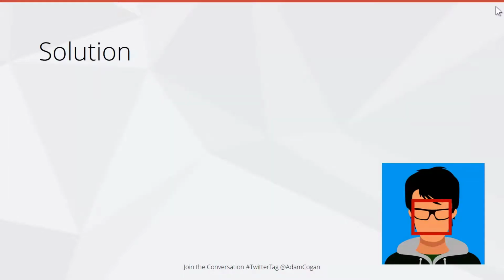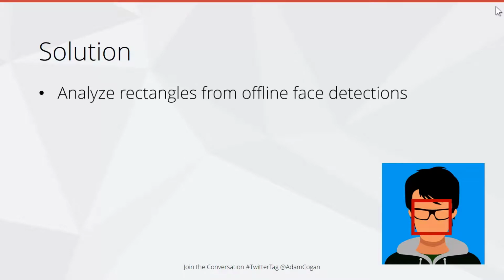So the solution for that is, when you have a face, with the offline detection algorithms you usually get a rectangle like this. So you have the data of how big the face is, and then you can calculate its center and its relative size.